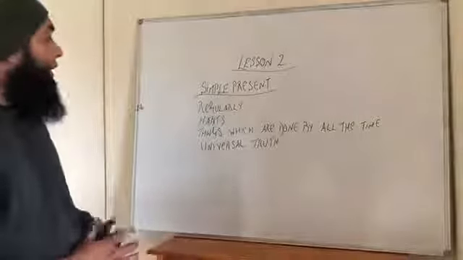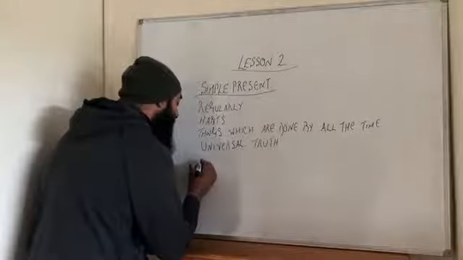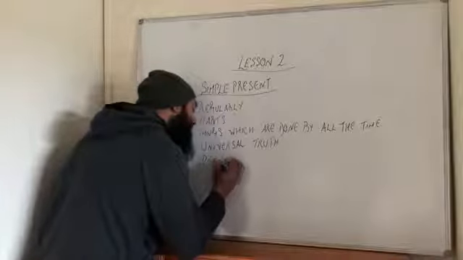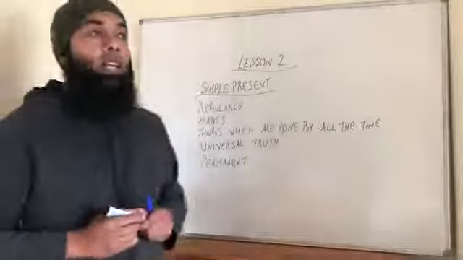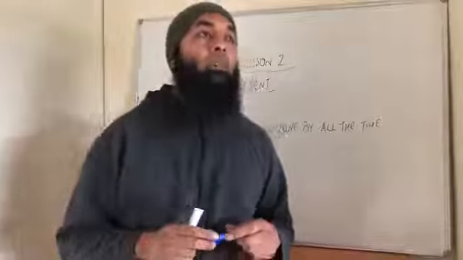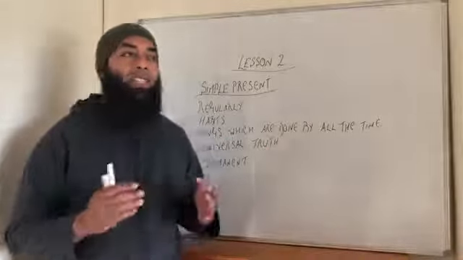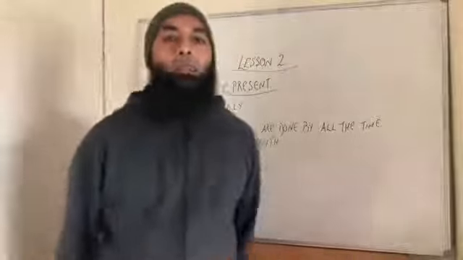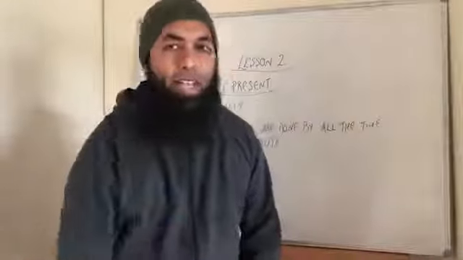Or things which don't change, things which stay permanent, like the sun rises from the east. Or we can say water boils at 100 degrees Celsius. Things like that which stay the same. Every morning the sun comes out. We know it does come out every morning, so it's a permanent thing. It happens every day, okay?